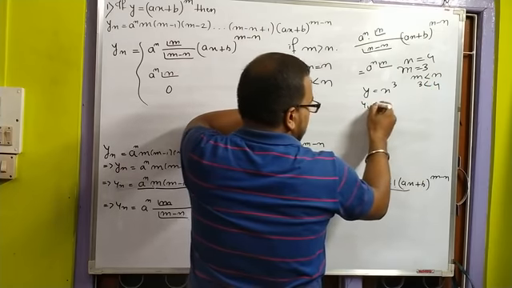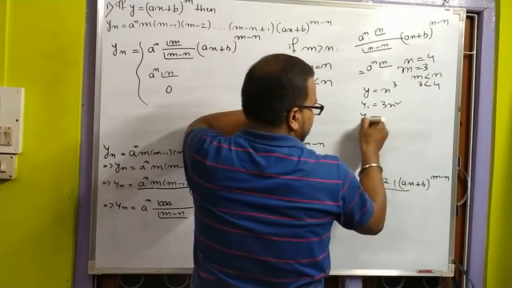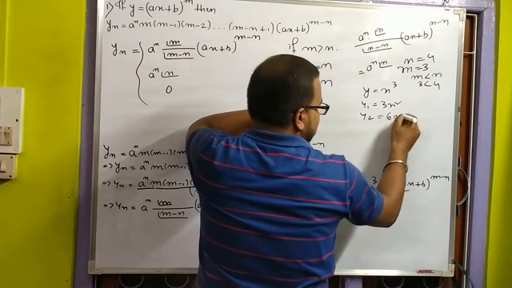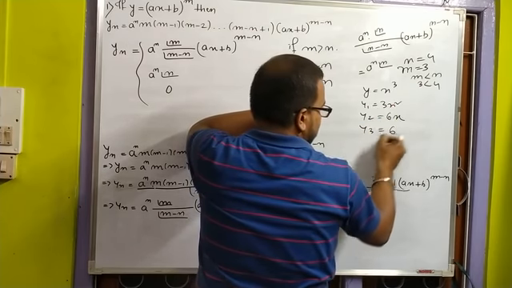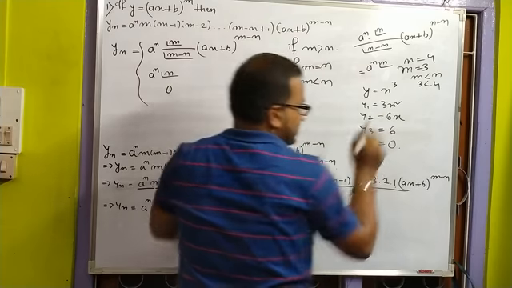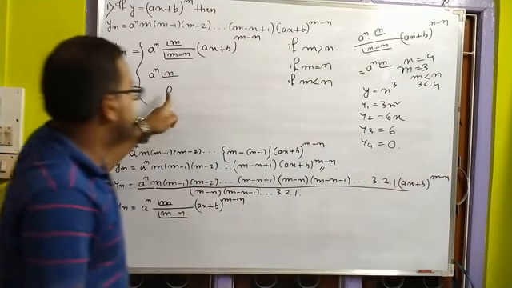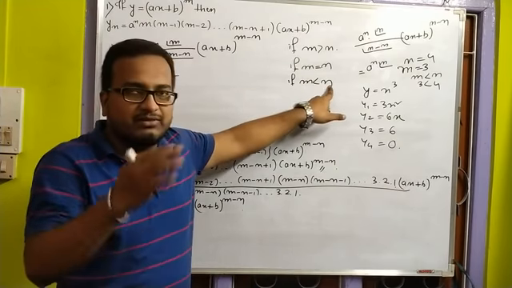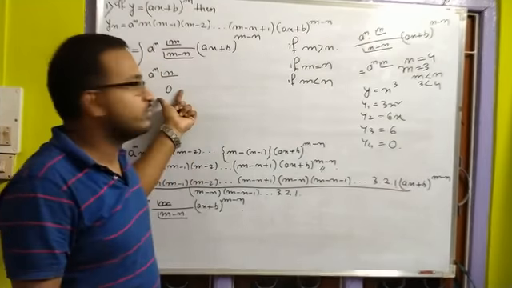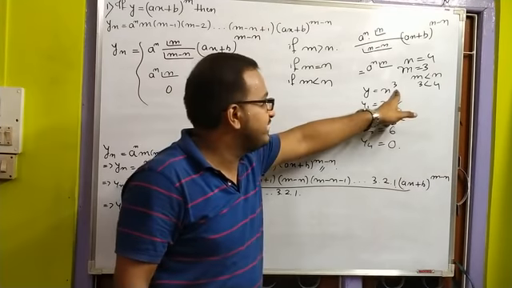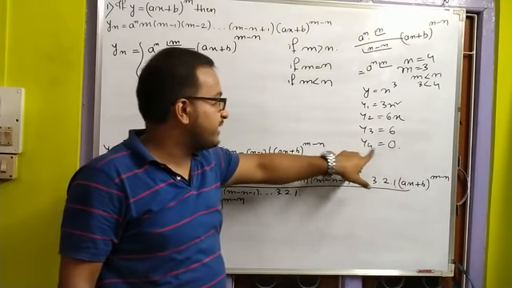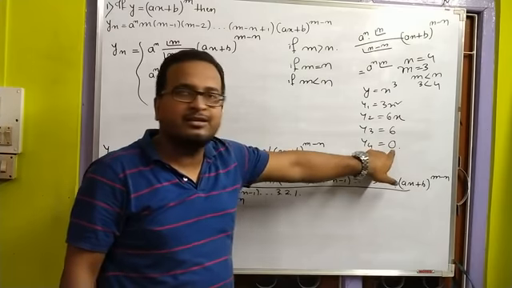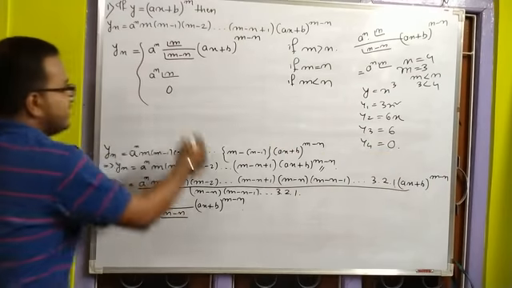Now find y1, you will get 3x square. Then find y2, you will get 6x. Then find y3, you will get 6. Then find y4, you will get 0. Right? So that is why it is 0. Because when your power is less than the number of differentiations, then the result is always 0. Because your power is 3 and you are going to differentiate this function 4 times, so definitely you will get 0. Right? So this is the standard result.